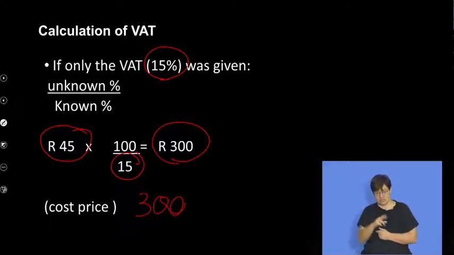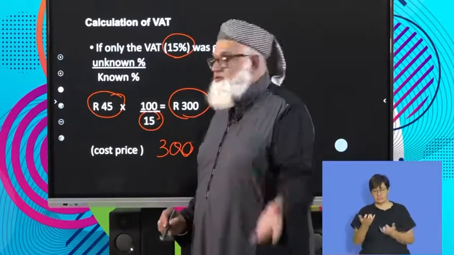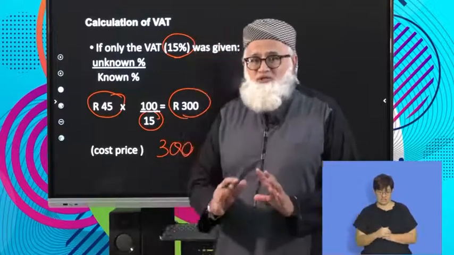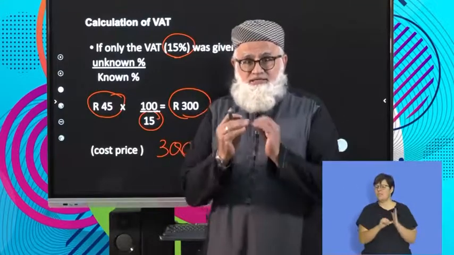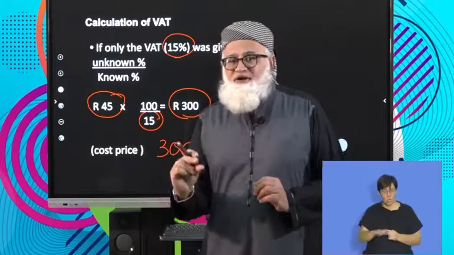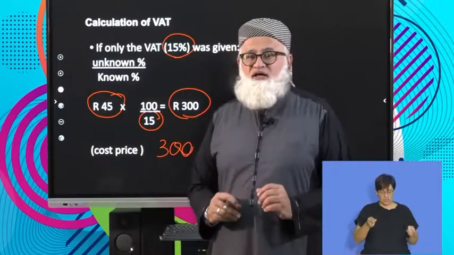Clearly you can see 300 Rand. If you take your percentages and you work out 300 times 15, you're going to get a figure of 45 Rand. So what is important in terms of your calculations? Know when you are given the 100, know when you are given the 115, know when you are given the 15.